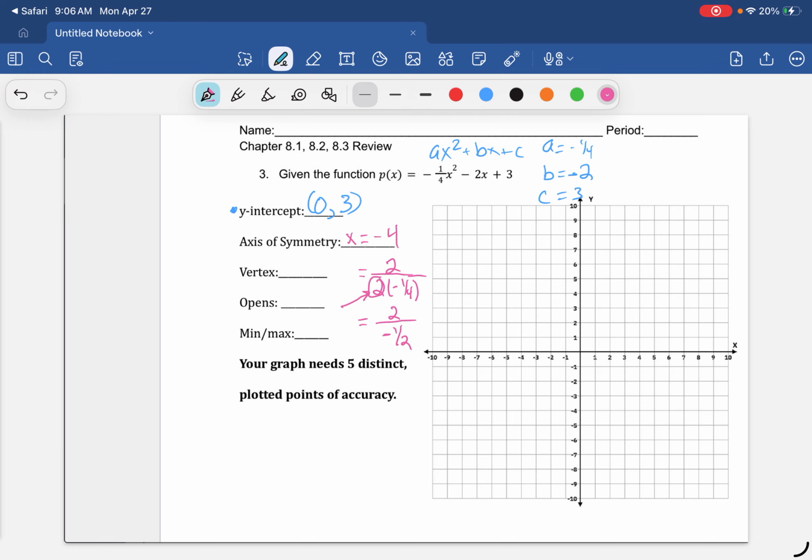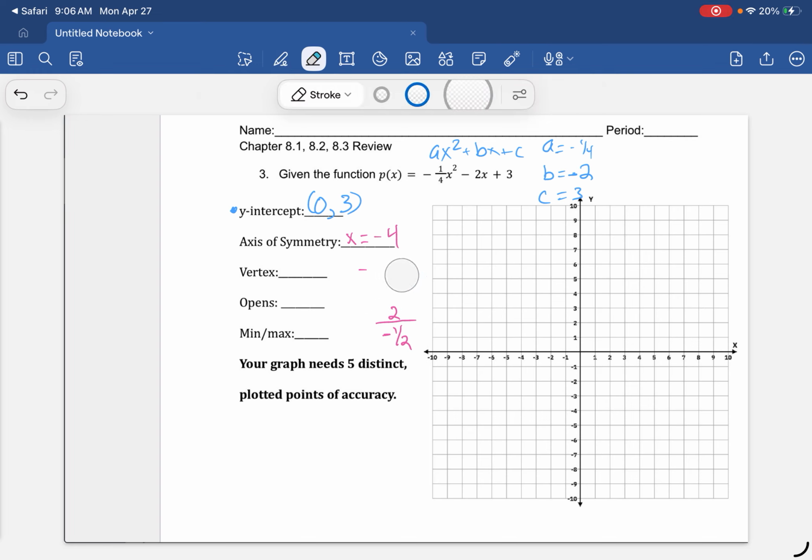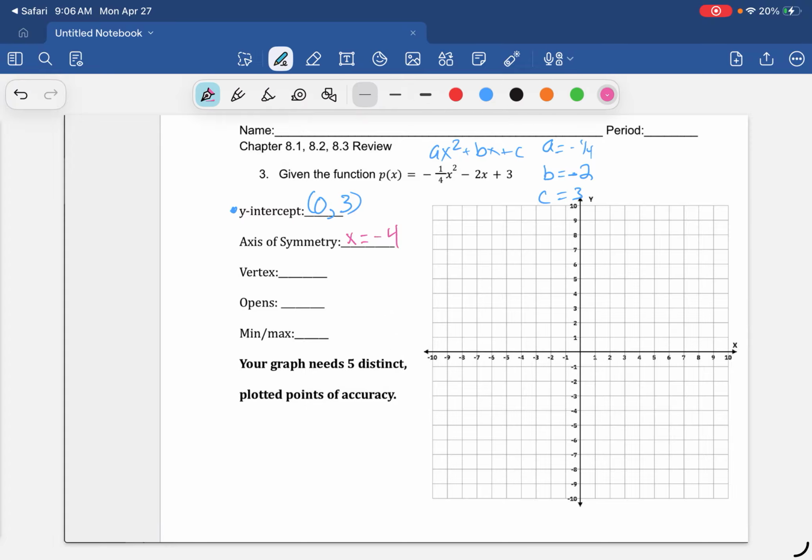Okay, next I'm going to plug in or find my vertex. So just like with standard form, when I plug numbers into the equation, I'm going to do the same thing here. I'm going to plug in -4 every single time I see an x. So I have -1/4 times -4 squared minus 2 times -4 plus 3.